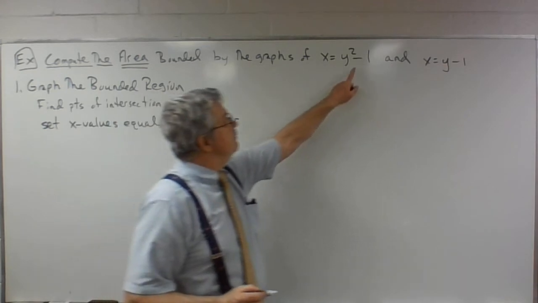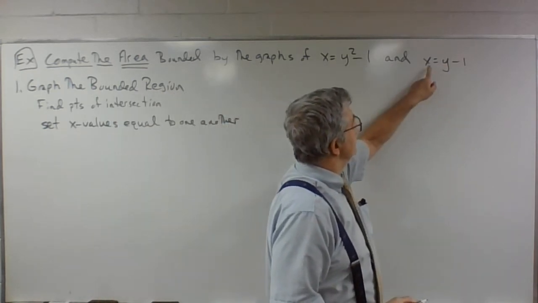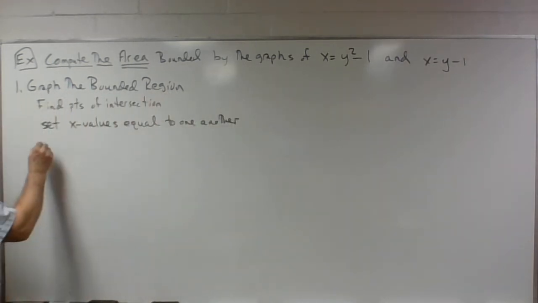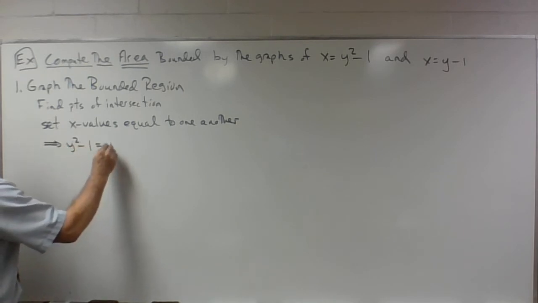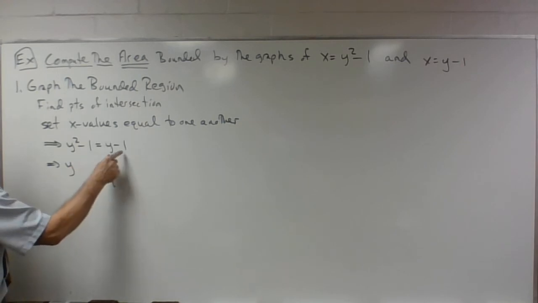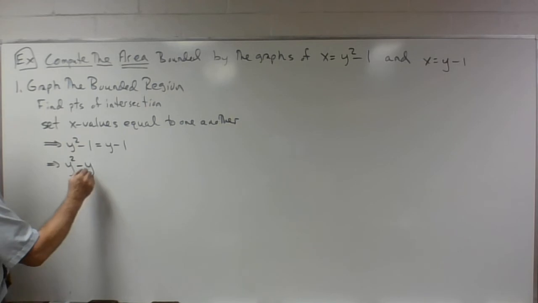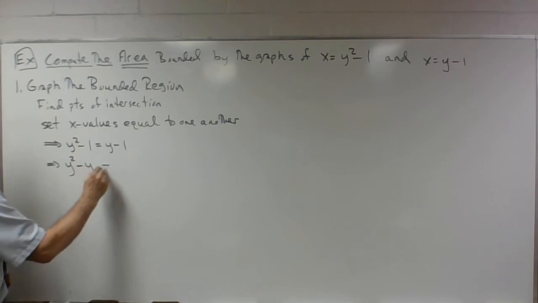And we have x equal y squared minus 1 equal x equal y minus 1. And we'll subtract y minus 1 from both sides. -1 minus a -1 is 0. Okay.